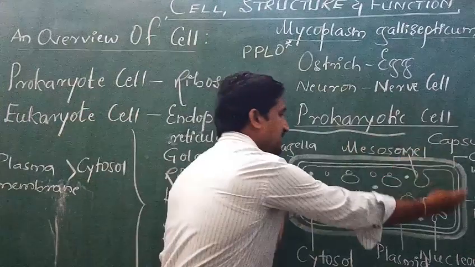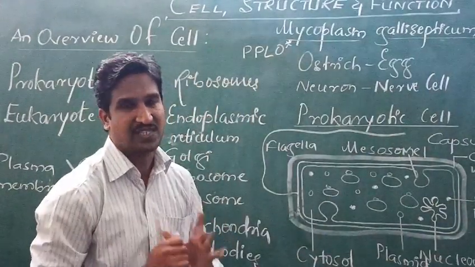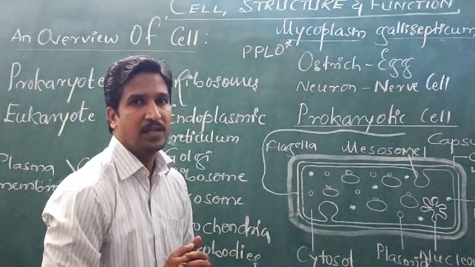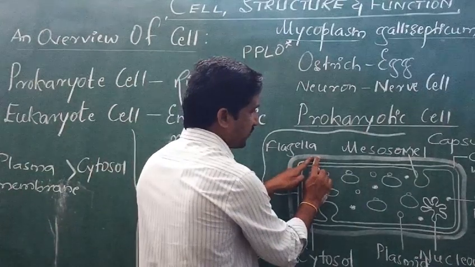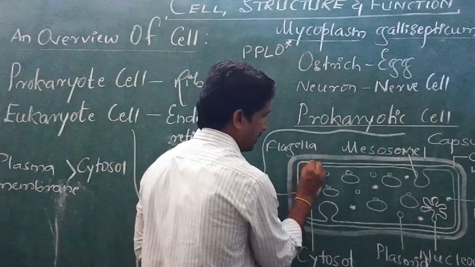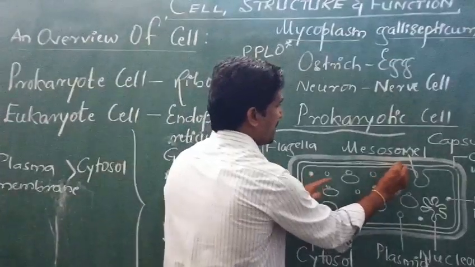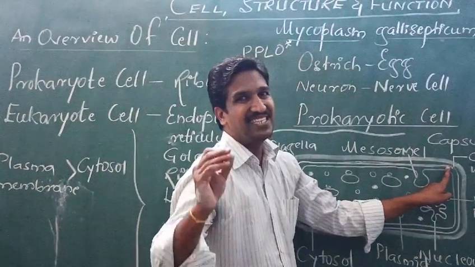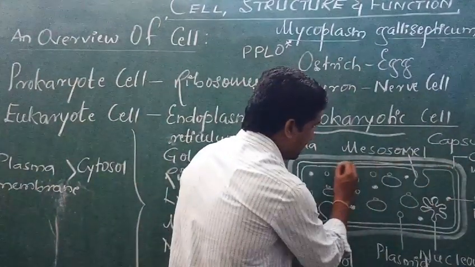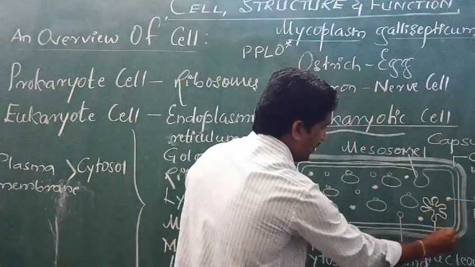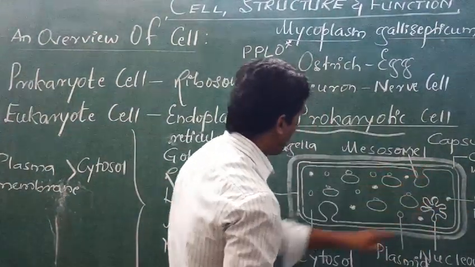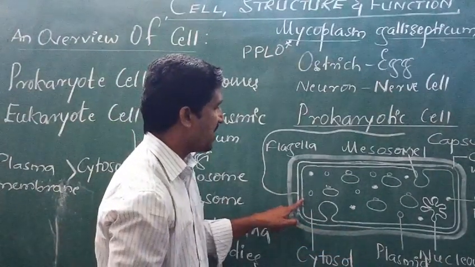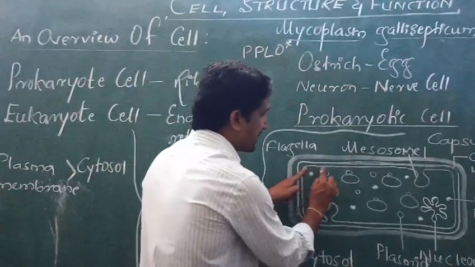Now this is the generalized structure of a prokaryotic cell. We will study what a prokaryotic cell is. You are looking at this. This is the cell wall. The cell wall is present, a thick cell wall. Below that cell wall there is one more thin membrane, called the plasma membrane.